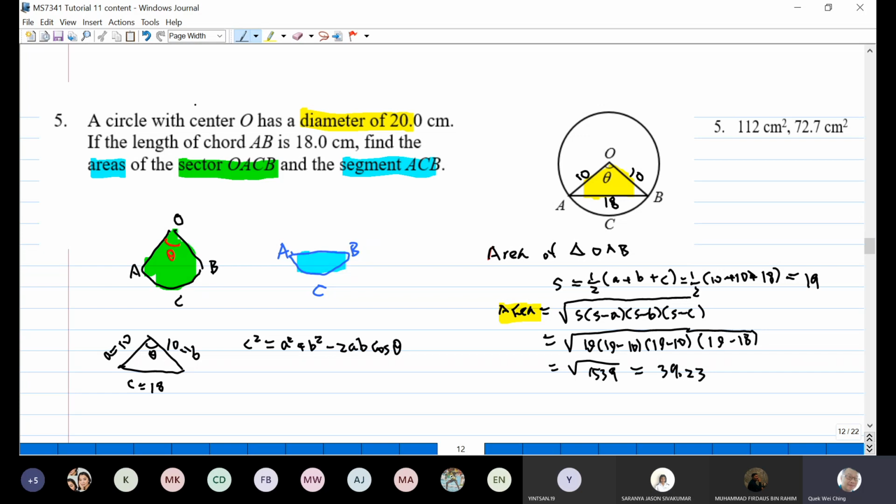So there's this 18 square now equal to 10 square plus 10 square minus 2 times 10 times 10 cosine theta now. So let's try to arrange them. So I have 200 cosine theta here.